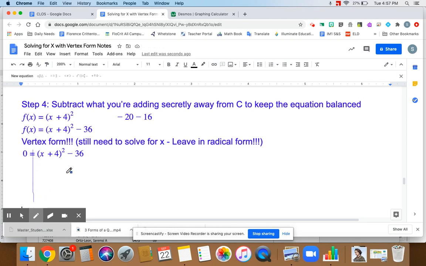Now, what's my first step in solving for x? I need to add this negative 36 over to the other side. So you guys will eliminate here, and you'll come over here instead. So 0 plus 36 is 36.